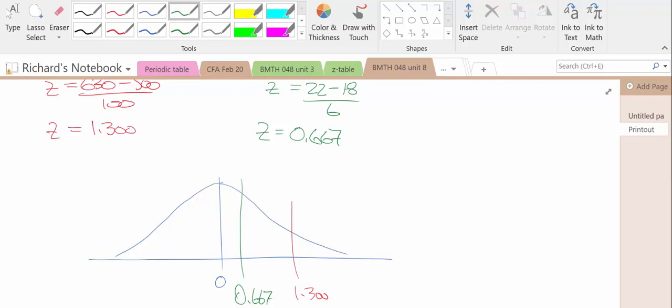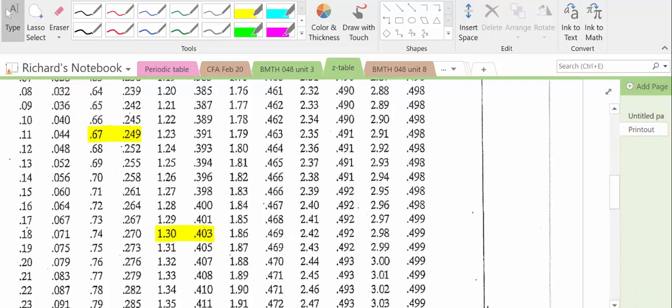Let's just calculate what percentage these students did better than the average. Looking at a Z table, the student who got a Z score of 1.3 did better than 43.5% of the people above the mean.